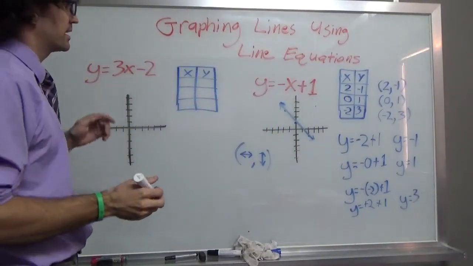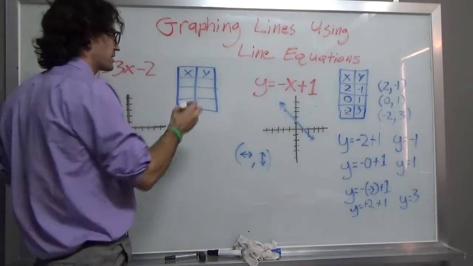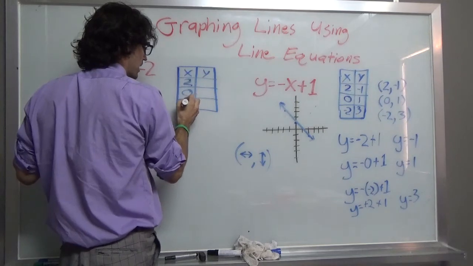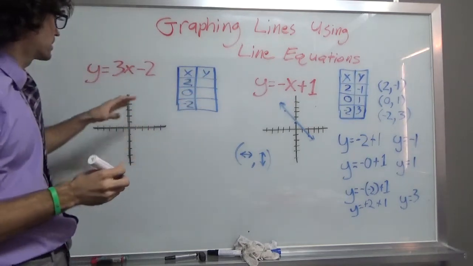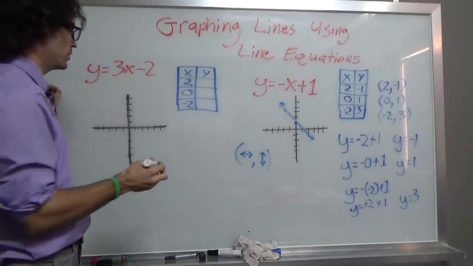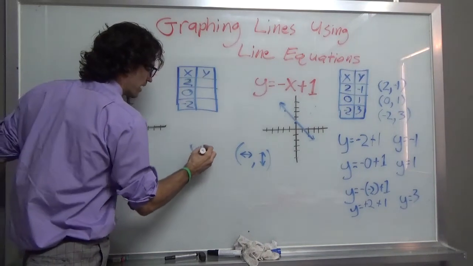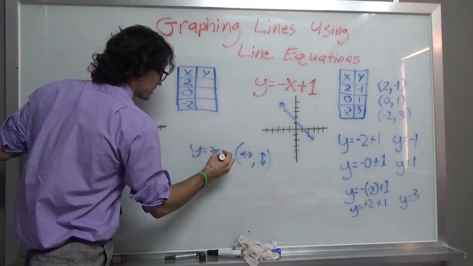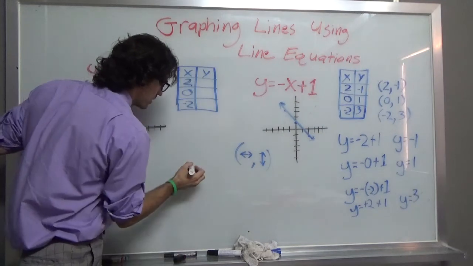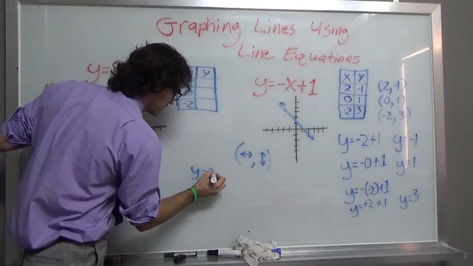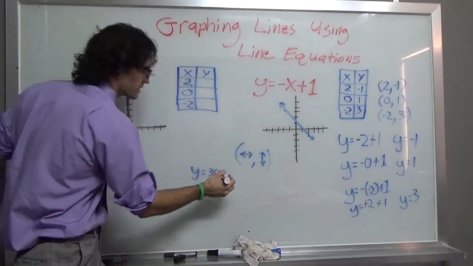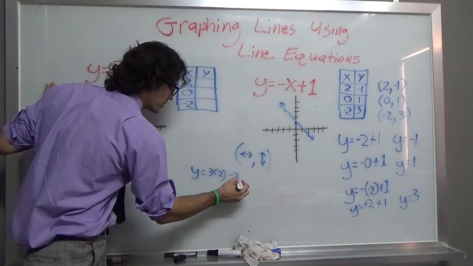We'll do the same thing. Let's put in even the same numbers for x: when x is 2, when x is 0, and when x is -2. So let's put it into the equation. When x is 2, we have y equals 3 times 2 minus 2.